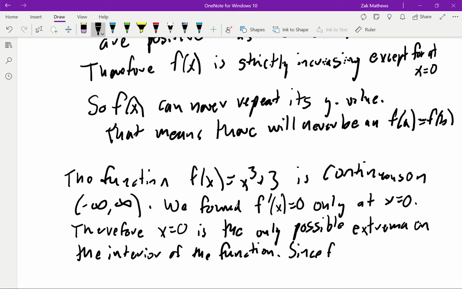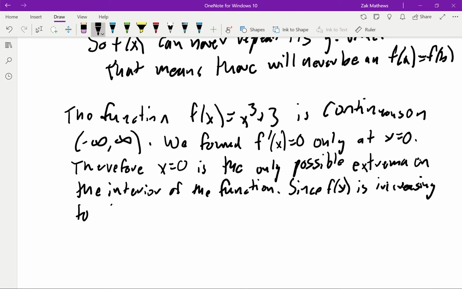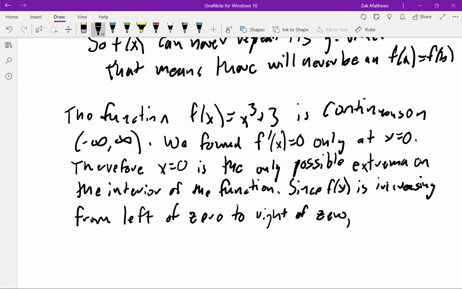Since f of x is increasing from left of 0 to right of 0, x equals 0 cannot be an extrema.